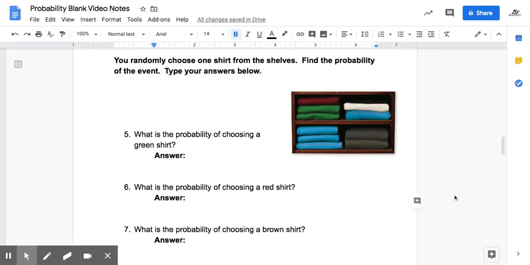All right, so for these questions, it says you randomly choose one shirt from the shelves. Here are all our shirts, they're folded. Find the probability of the event and type your answers below. All right, so number 5 says, what is the probability of choosing a green shirt? All right, so what I like to do first, boys and girls, is figure out how many possible outcomes we have.